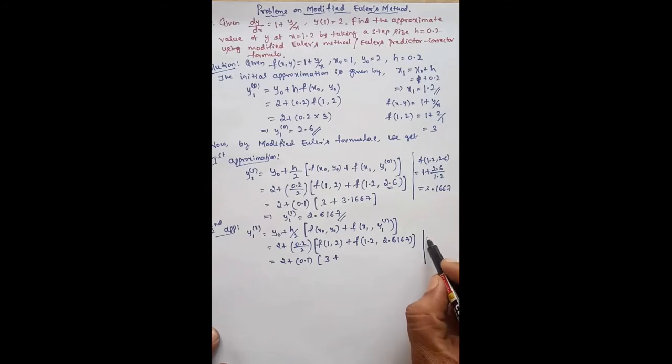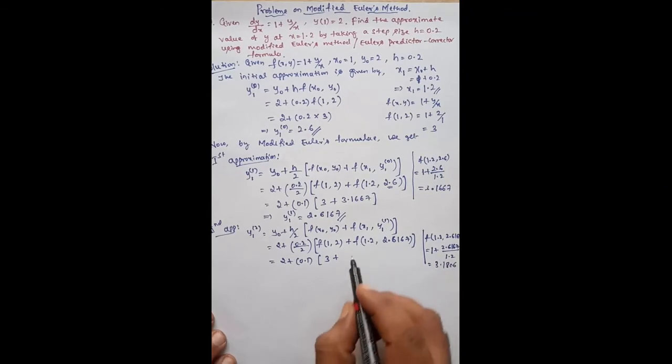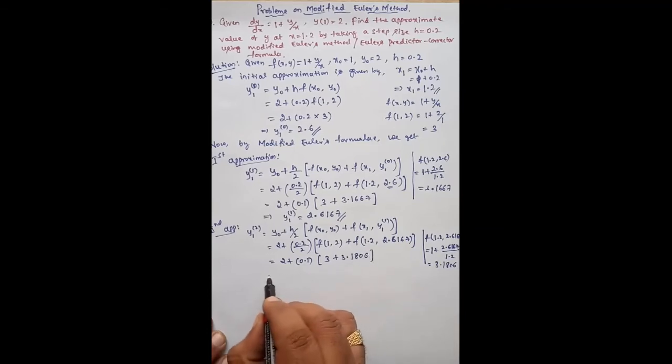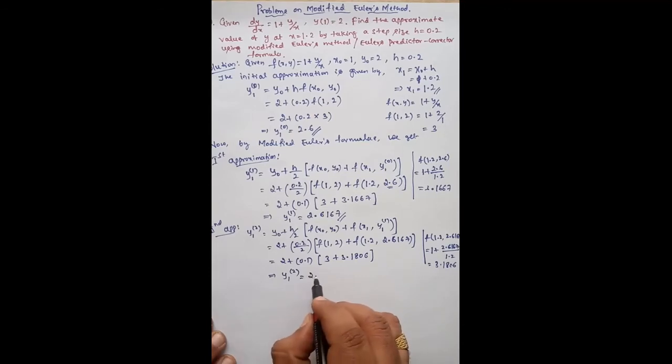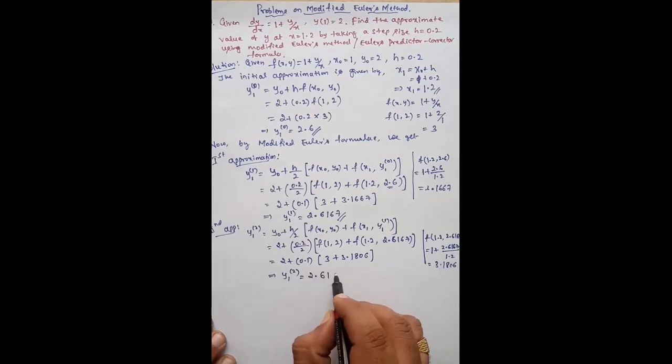So according to that, f of 1.2 comma 2.6167 equals 1 plus 2.6167 divided by 1.2. So just calculate this. If I calculate this, it gives 3.1806. So substitute that here, it is 3.1806, and on simplification you get y1 power 2 equals 2.6181.